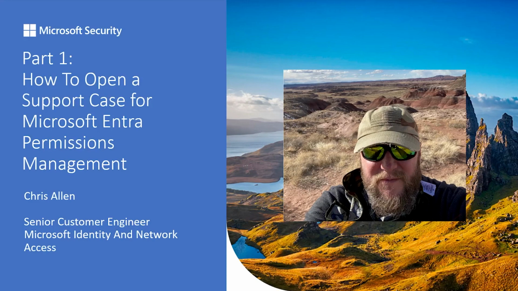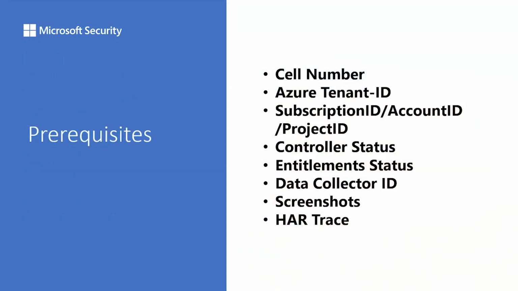So the items that we're going to be talking about grabbing are: we need the cell number, and I'll explain what that is in a minute. The Azure Tenant ID that CloudKnox has been onboarded to. The subscription ID, account ID, or project IDs of the instances that are having the issues, whether it's the subscription ID in Azure, the account ID in AWS, or the project ID in GCP.